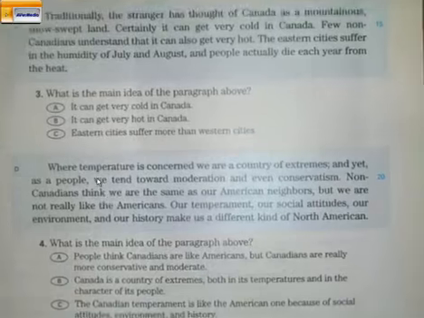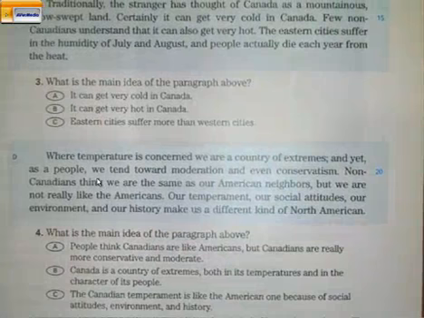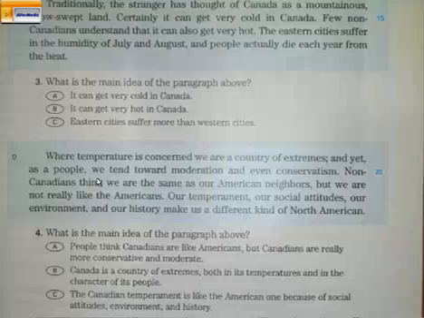With the 4th question, it talks about how people think Canadians are like Americans, but Canadians are really more conservative and moderate. Canada is a country of extremes, both in its temperatures and in the character of its people. The Canadian temperament is like the American one because of social attitudes, environment, and history.